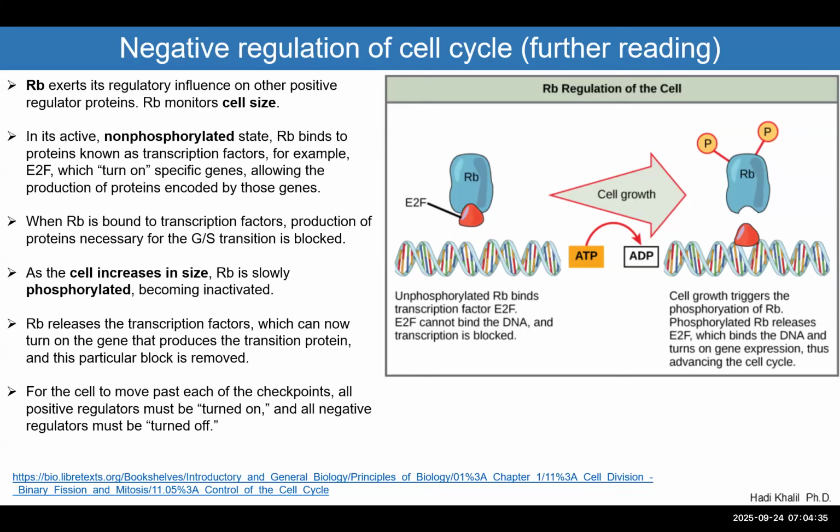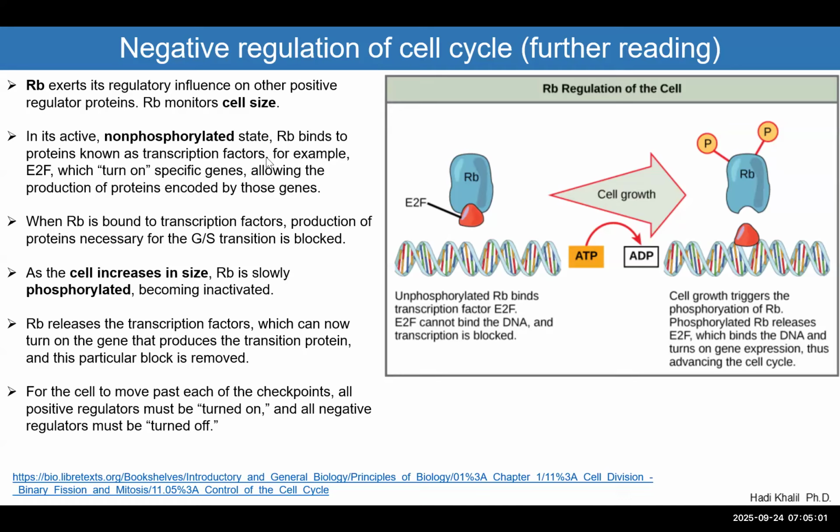Now, if you recall in the checkpoints, the cell has to have some sort of check on the nutrients, the DNA quality, and the cell size. So if anything is related to a loss of a nutrient or the cell size, then retinoblastoma most probably will be activated.